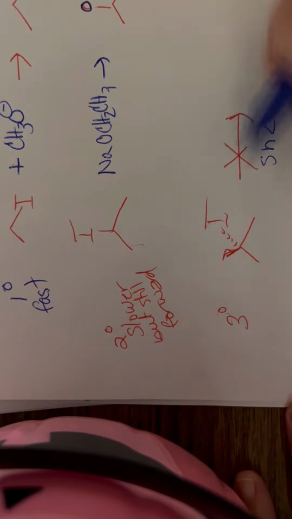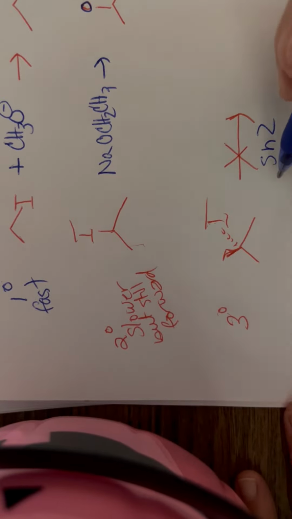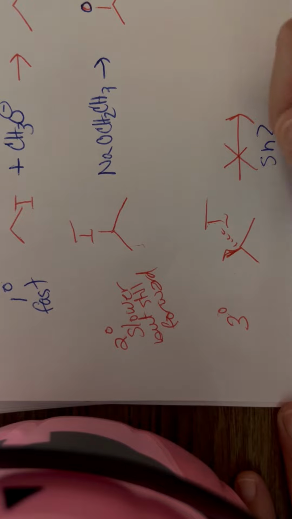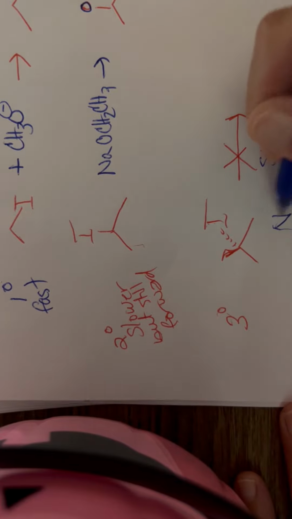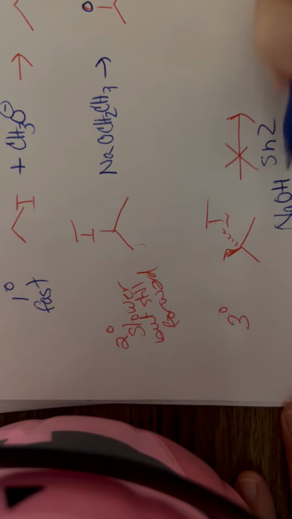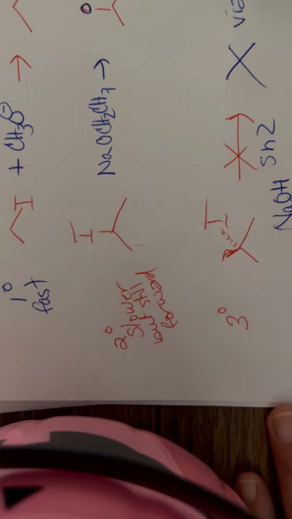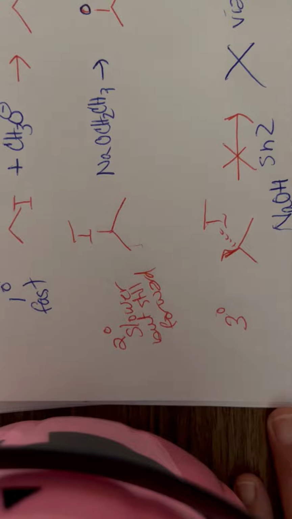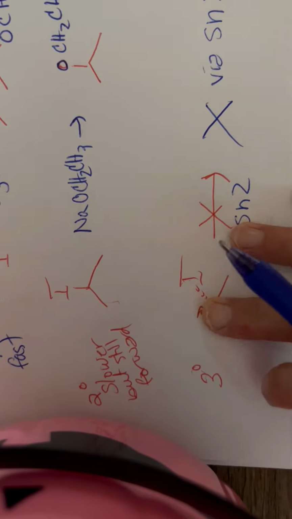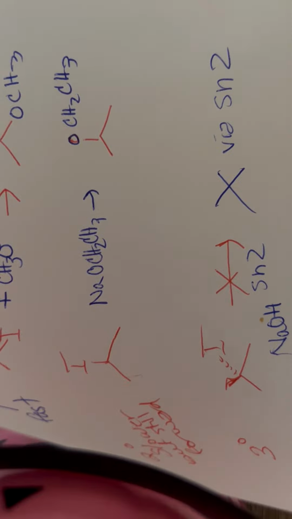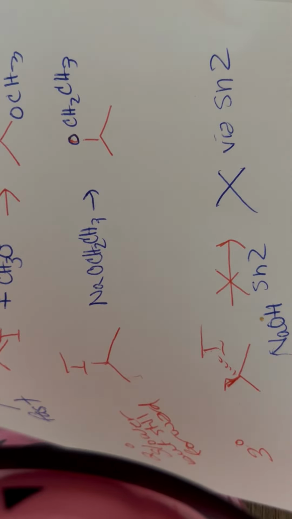So if I treat it with my base, it's not going to go forward. So if I treat it with just say NaOH, nothing's going to happen via SN2. Something will happen, and on the next video, we will talk about what will happen.